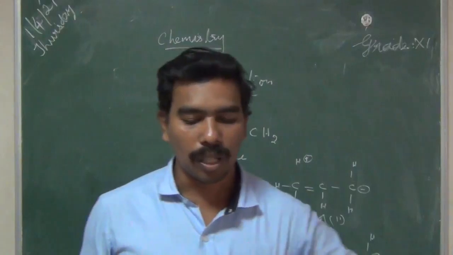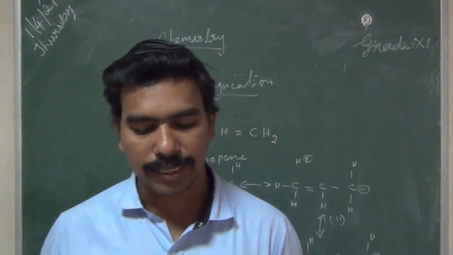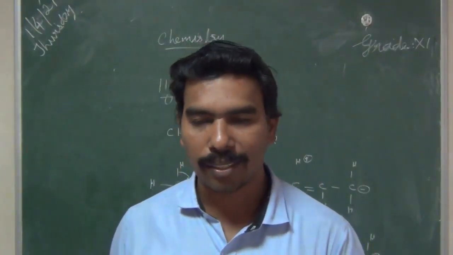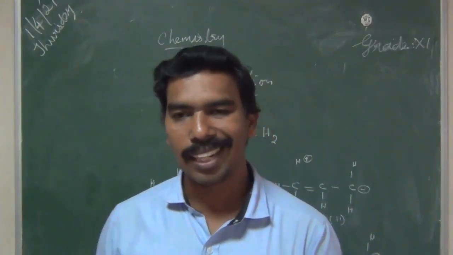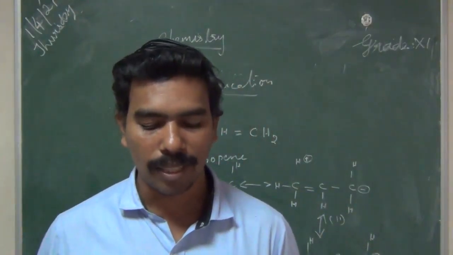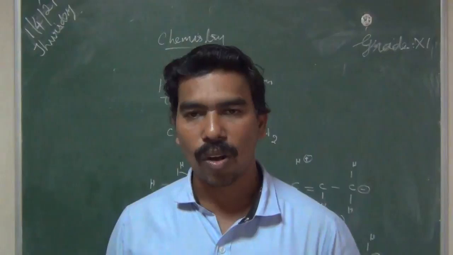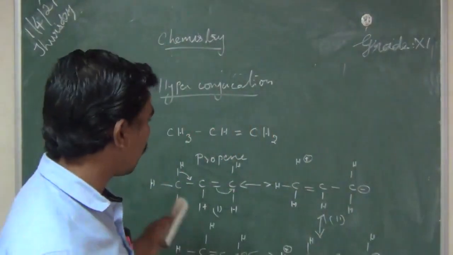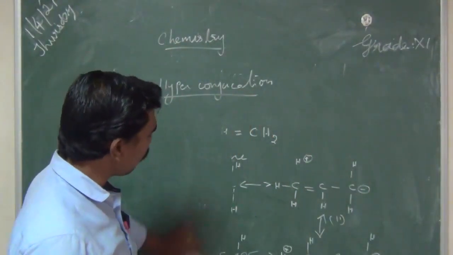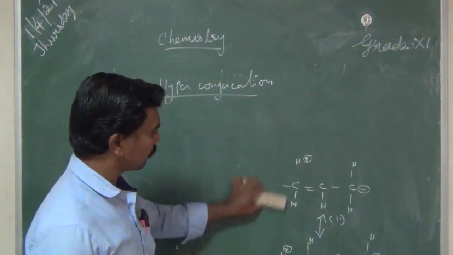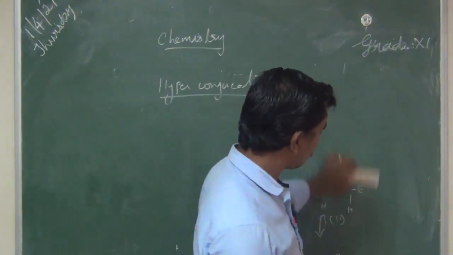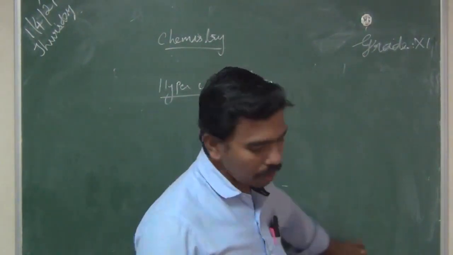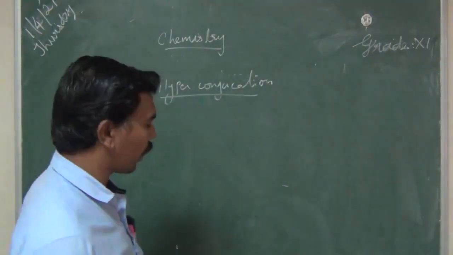Then example 2. The condition is having a lone pair of electrons attached by a single bond and conjugated with the pi bond. Here the example is ethyl chloride.